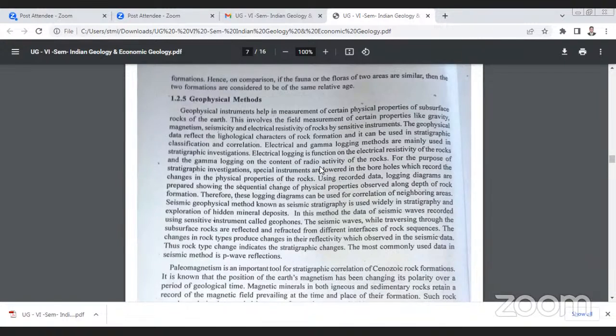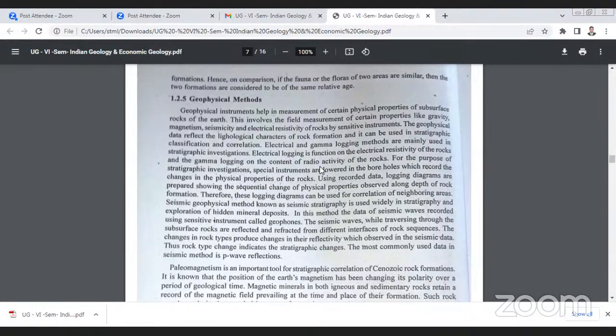First, the geophysical methods. Geophysical instruments help in measuring certain physical properties of the subsurface rock formations, which involves field measurement of properties like gravity, magnetism, seismicity and electrical resistivity of different rocks with sensitive instruments.